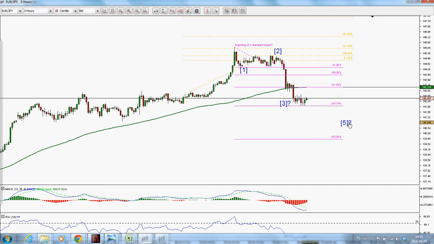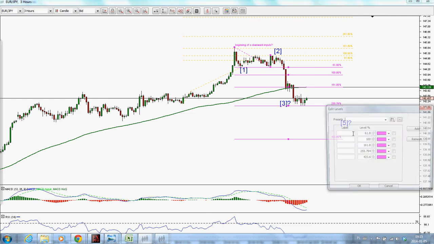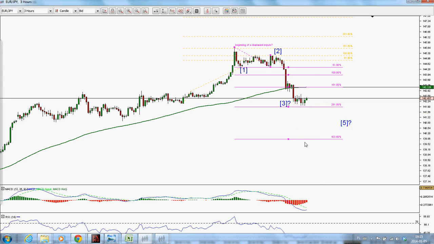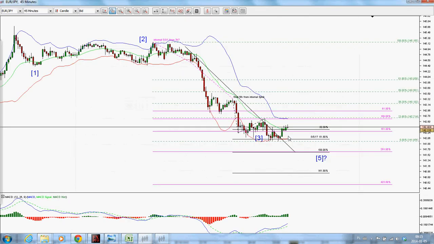The third wave typically ends at 261.8, but this is 255. So there is still some room for reaching this level.